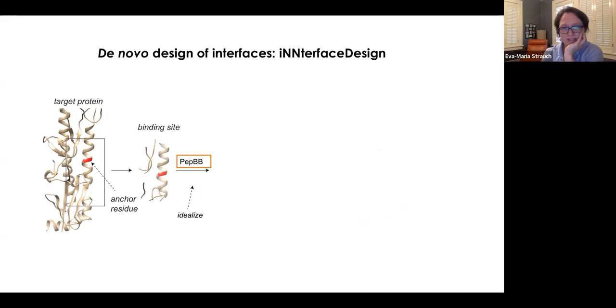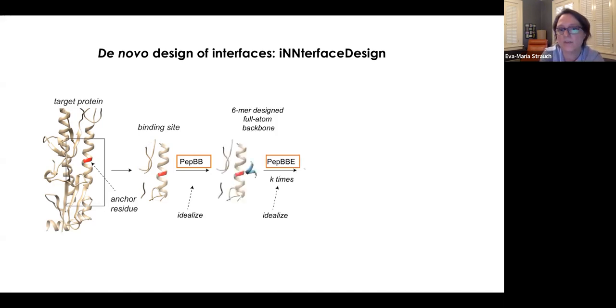And so the idea is we start with an anchor residue, and then we extract a small part of the binding site because we don't need the whole protein and it fits better into the arrays. So we started with PEP-BB to design the backbone. So again, this starts from picking an anchor residue, and then we interface with PyRosetta to make sure we're doing the right thing biophysically.